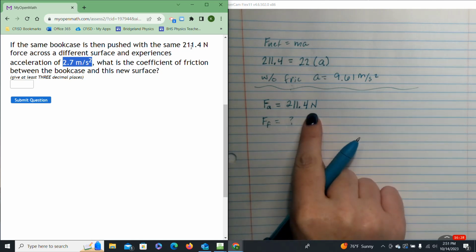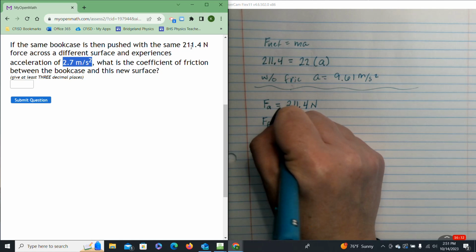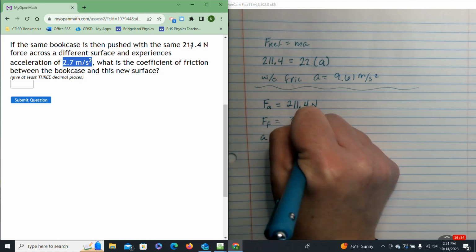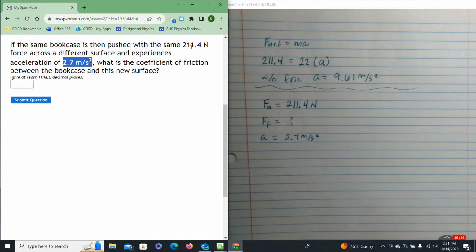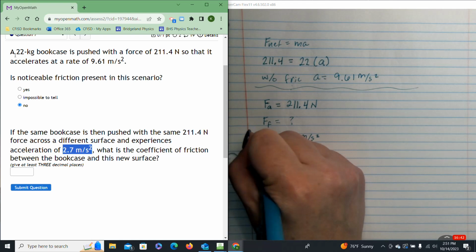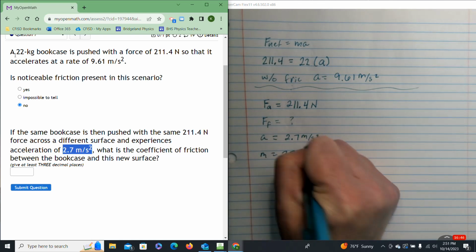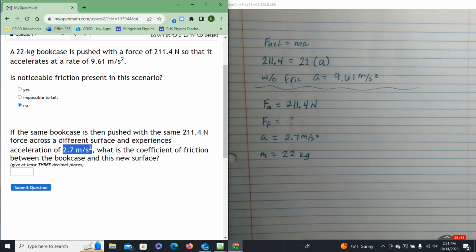I know the acceleration is 2.7 meters per second squared. It's the same bookcase, so let's go back up real quick because we had a mass up here. I know that mass is 22 kilograms. I know the acceleration now on this new surface.